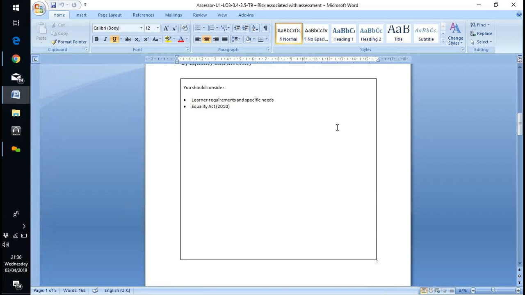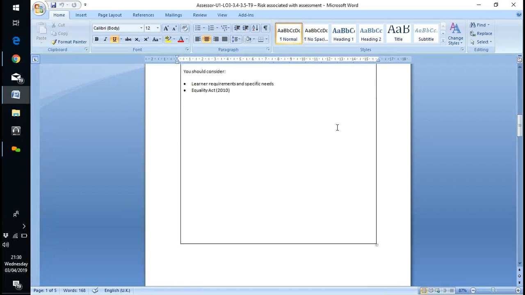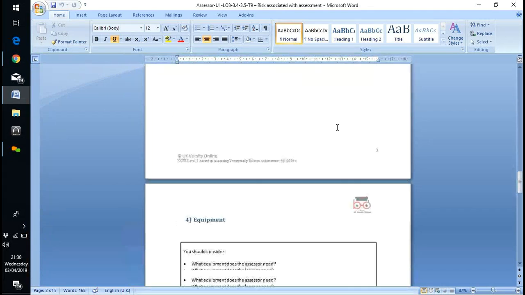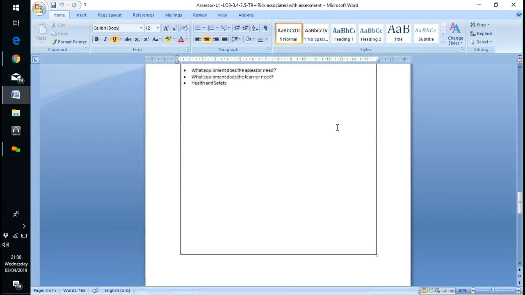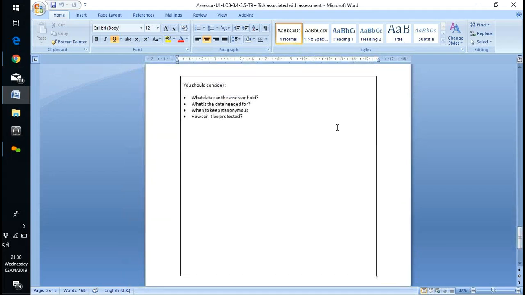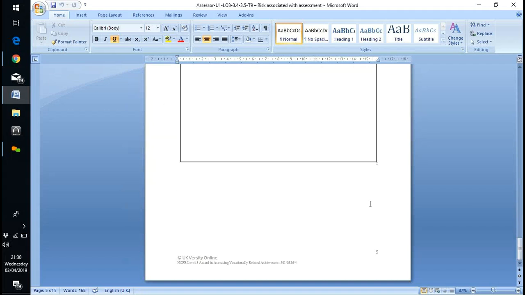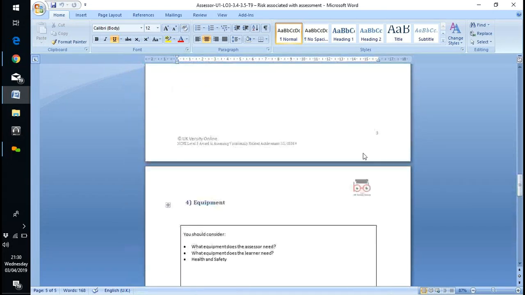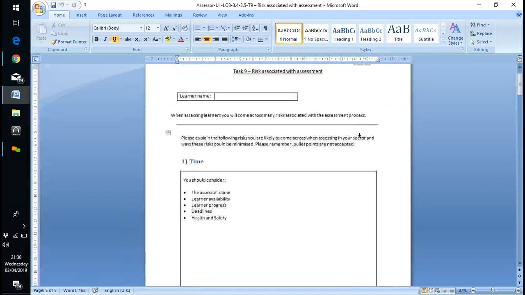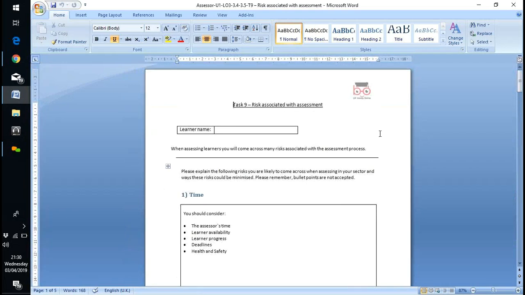Again, learning requirements and specific needs. All the things you should consider are on there, and then you write your piece from that, yeah? But all of those, always look at what it's asking you to do.